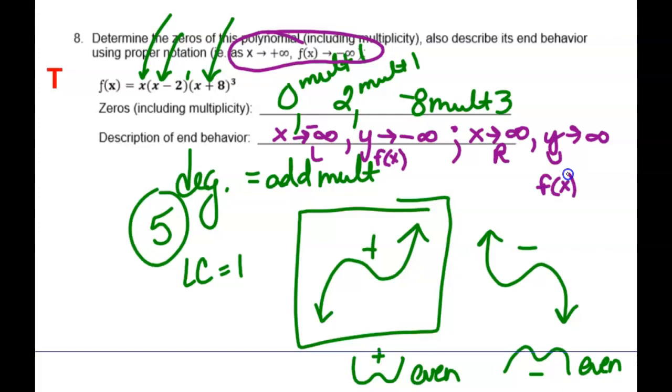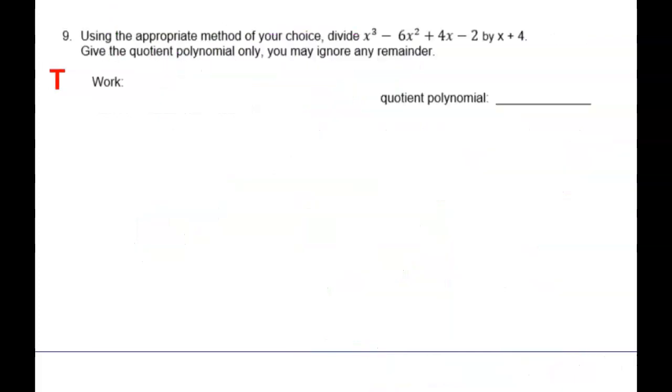Remember that stuff? Yes. The order does not matter. As long as you have x going left and x going right, and then either f of x or y that matches what direction it should be going, I will read it and make sure it's okay. I don't care what you put first.